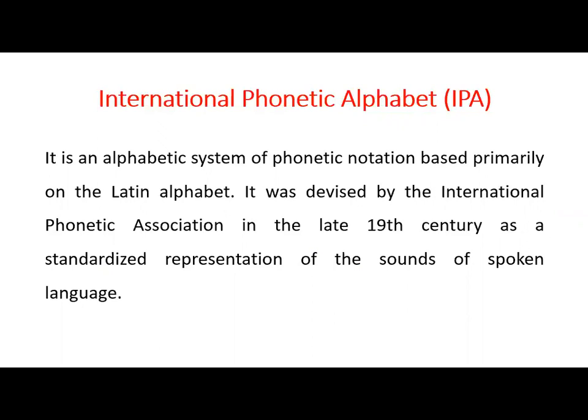So now we are using the chart or the symbols for the sounds, and that chart or the symbols used for the sounds is called the International Phonetic Alphabet. Actually, in the International Phonetic Alphabet there are many alphabets, but we have taken only those which are used in the English language.